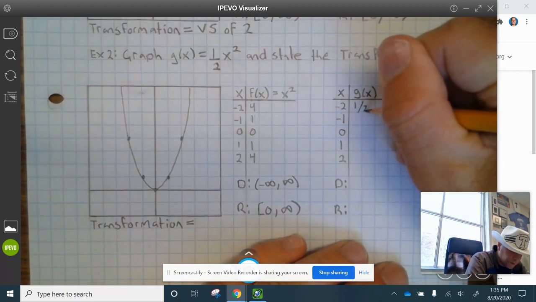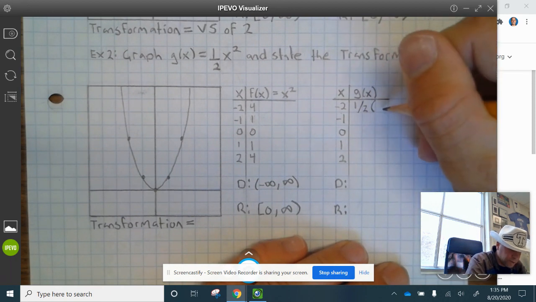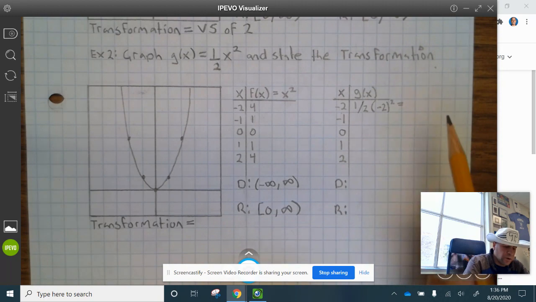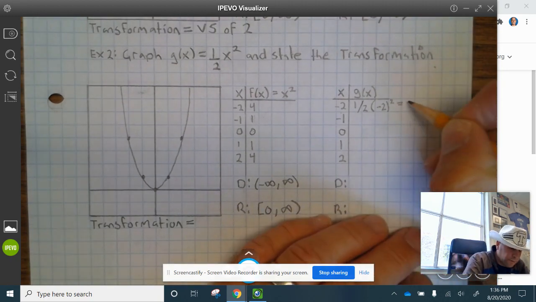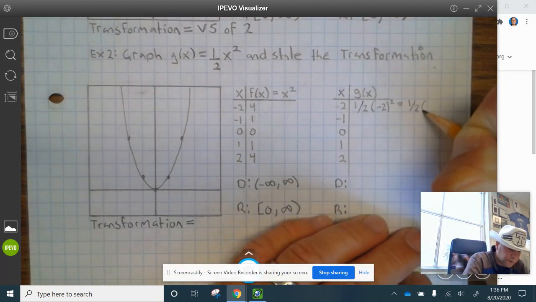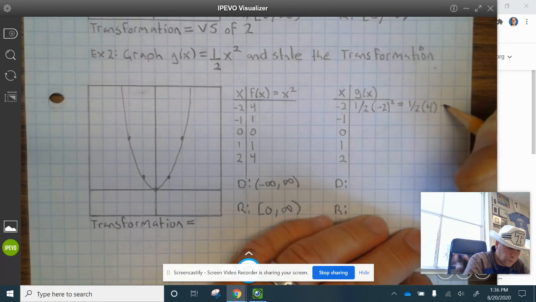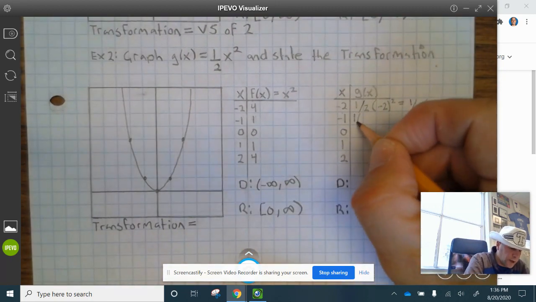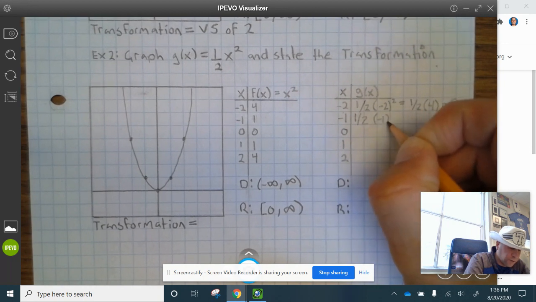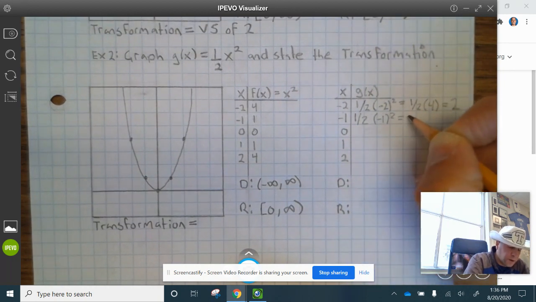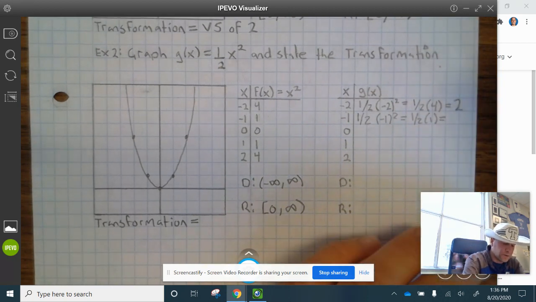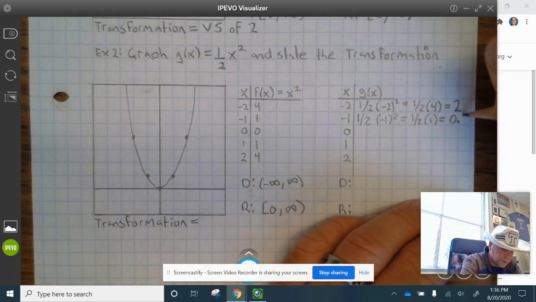divided by 2 times negative 2 squared. Well, that's 1/2 times 4, which we know is 2. Okay, so then that's 1/2 times negative 1 squared, which is 1/2 times 1, which is 0.5.